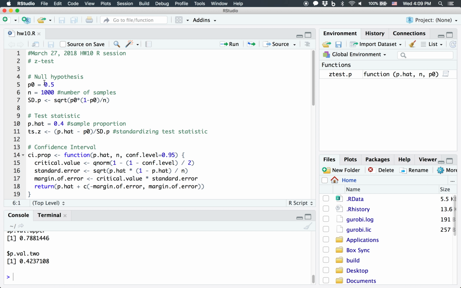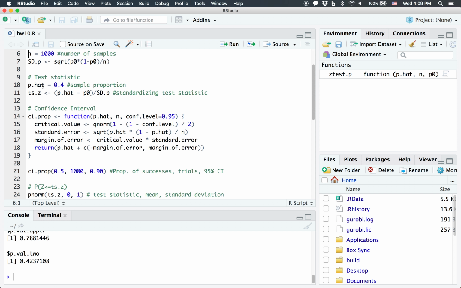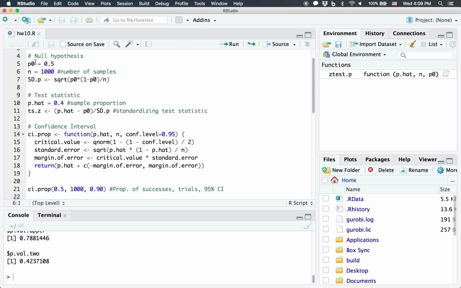We use the hypothesized population proportion and the number of samples to calculate the standard deviation. And p hat is the sample proportion. You want to distinguish p naught and p hat: just make sure that p hat is the result you get from taking samples.